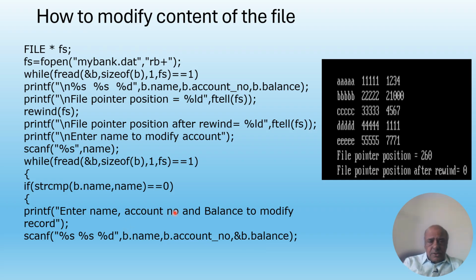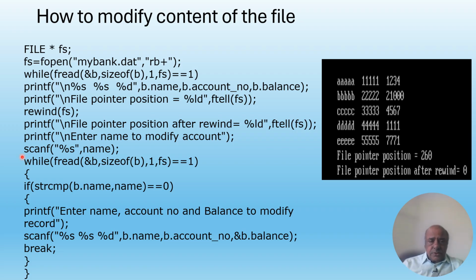So whatever data is entered by the user has been captured in the record named b, and into the individual elements of that record: b.name, then b.account_no and b.balance.